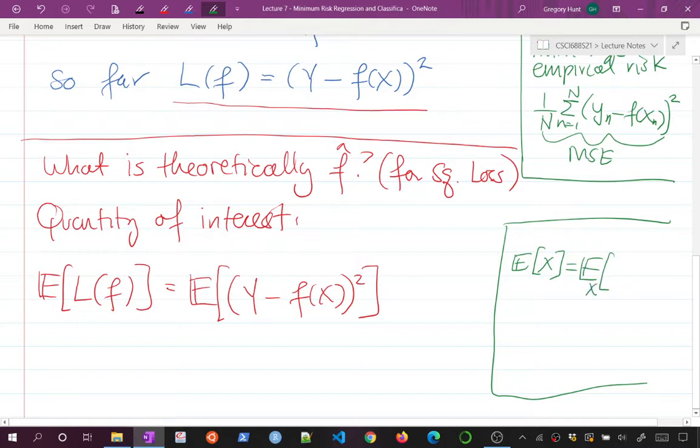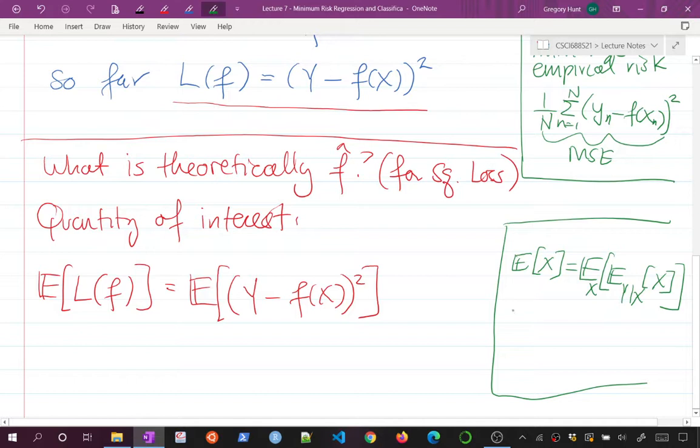So this would be the expected value over x of the expected value of y given x of this. All right, so that is our iterated expectation formula.